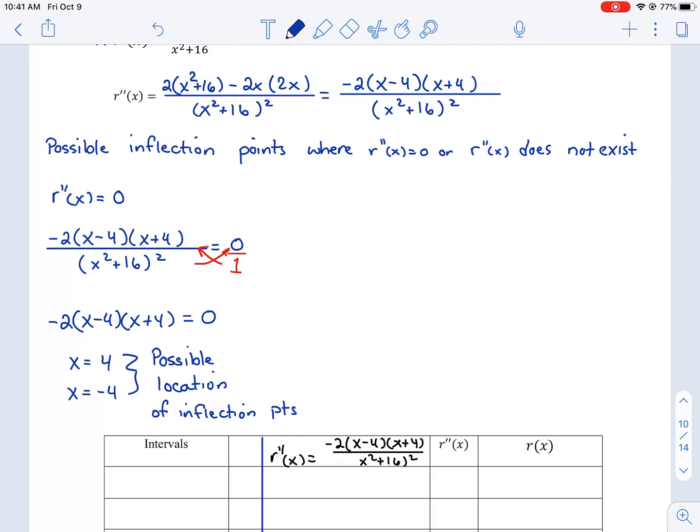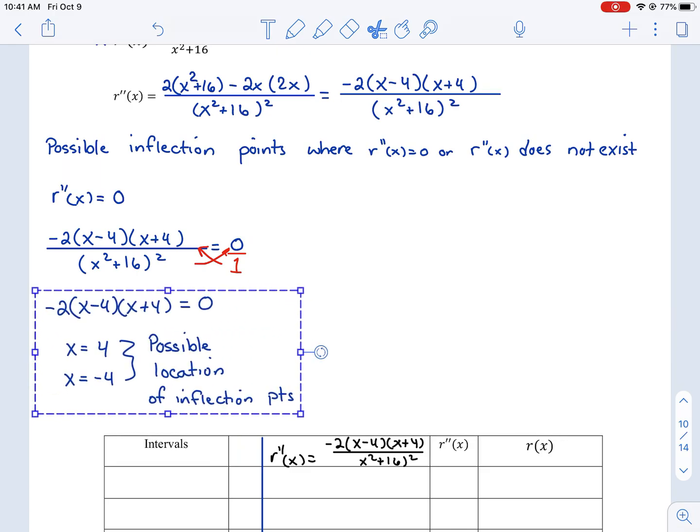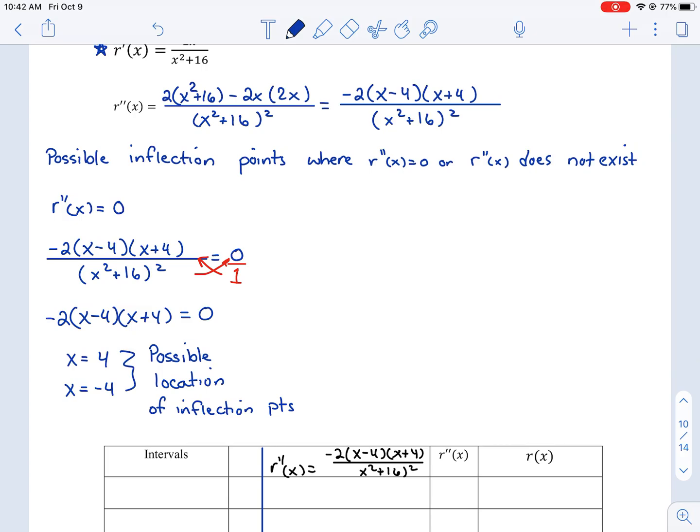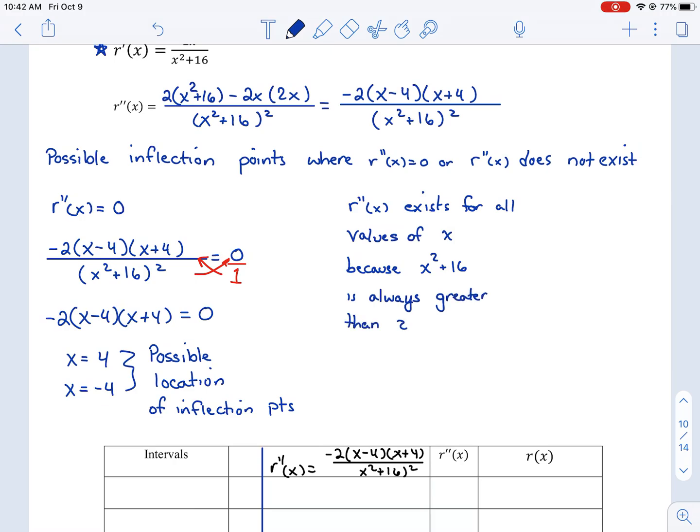Okay, now to see if the second derivative doesn't exist at any values of x. And my claim is that the second derivative exists for all values of x. And that's because x squared plus 16 is always greater than 0.